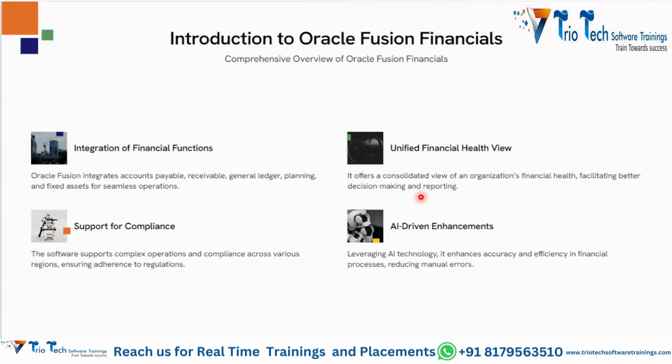When I say reduce the manual effort, that doesn't mean the application doesn't need any manual effort when doing a business process, but to the extent possible it streamlines the overall process where a lot of manual effort was required. With the help of AI and machine learning features, those manual efforts have been reduced so that the given resources can focus on other important activities in terms of overall business management, and that is something which has been made sure as a part of the overall Oracle Fusion Financials framework.